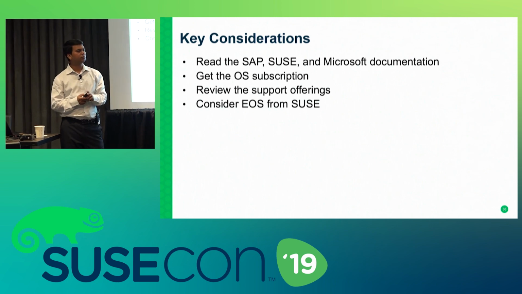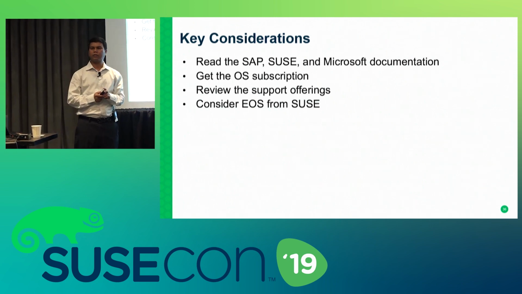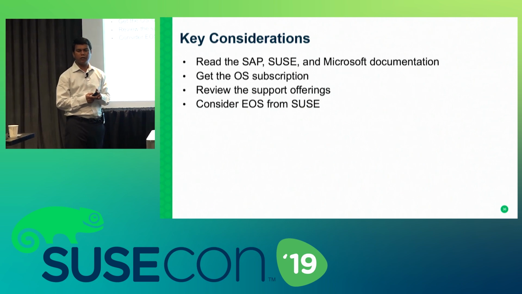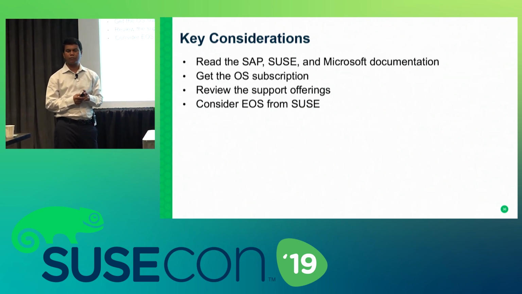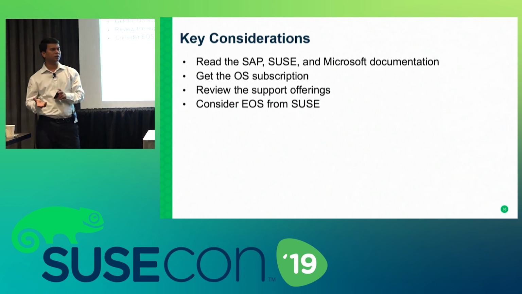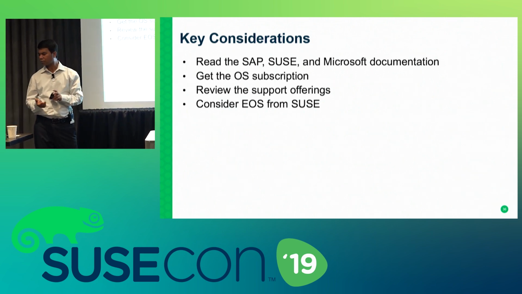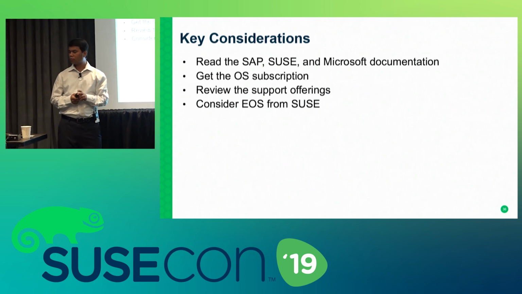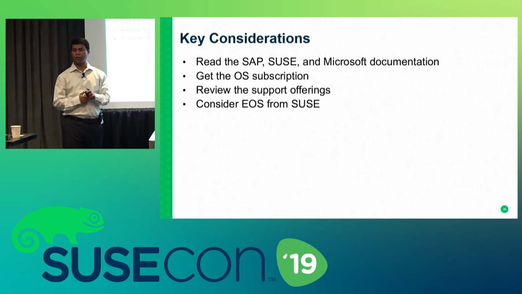You review the support offerings: which operating systems are supported, which region it is supported in, and which support, for example the priority support, you want to consider. From the Microsoft side, you want to consider Premier and ARR, Azure Rapid Response. You also want to understand the end of support.